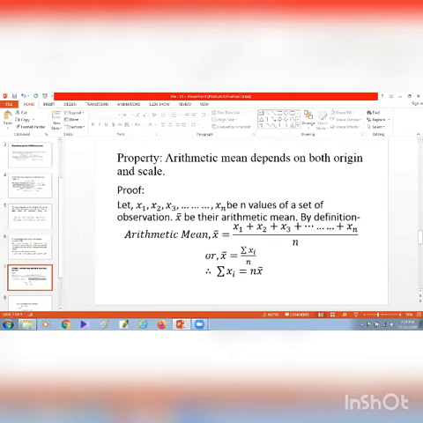Let x1, x2 up to xn be n values of a set of observations, x bar be their arithmetic mean. By definition, we can write arithmetic mean x bar equal to x1 plus x2 plus x3 up to xn divided by the total number of observations n. Shortly, it can be expressed as x bar equal to summation xi divided by n, and after cross multiplication we get summation xi equal to n x bar.